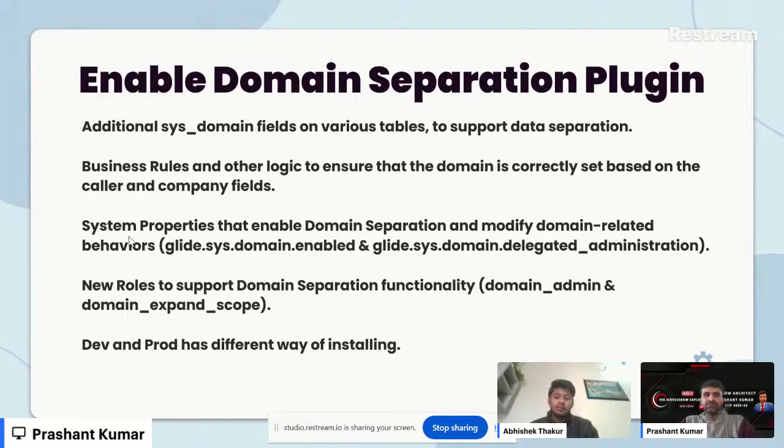Okay, so we have one more question: what is the difference between domain separation and application scope? First of all, there is definitely a difference, because application scope is where you have to develop some process which is not present in the ServiceNow system, and that we can create in two ways, on global scope and in its own application scope.